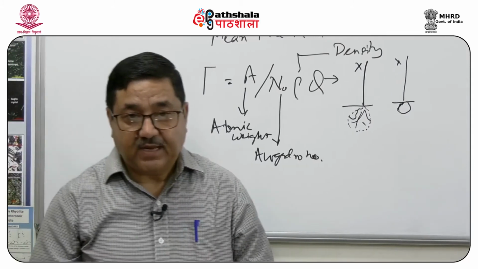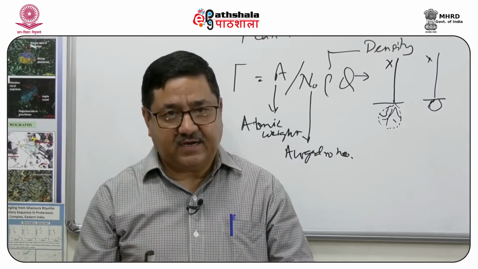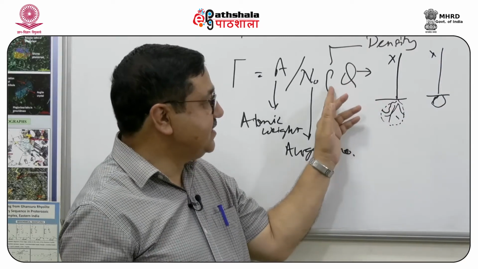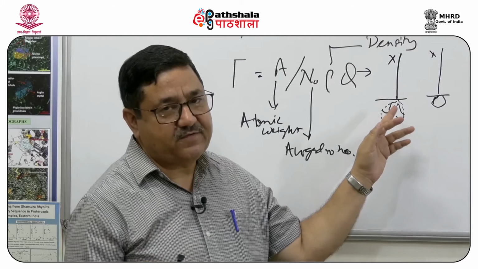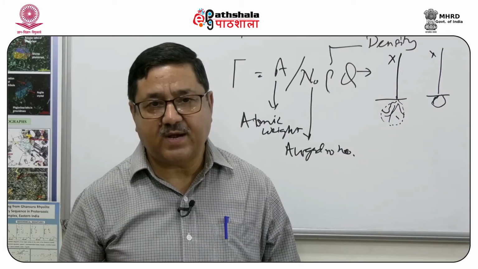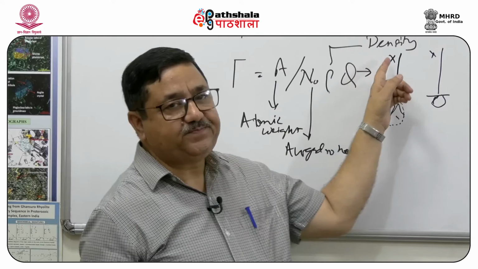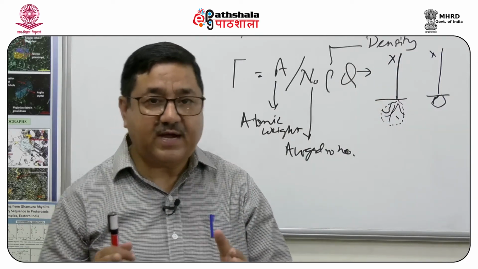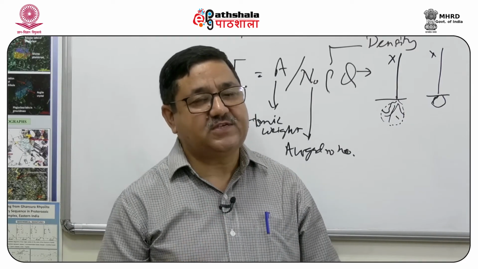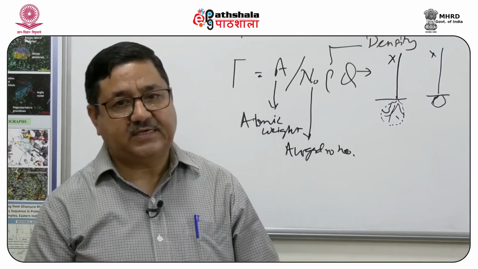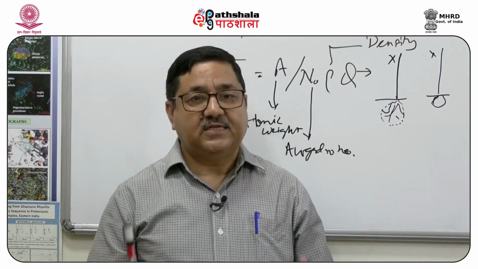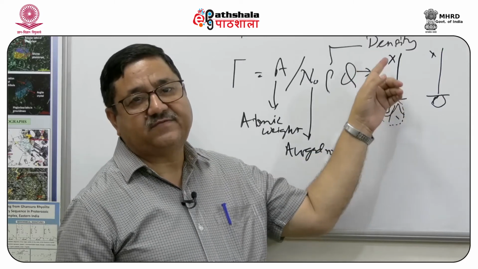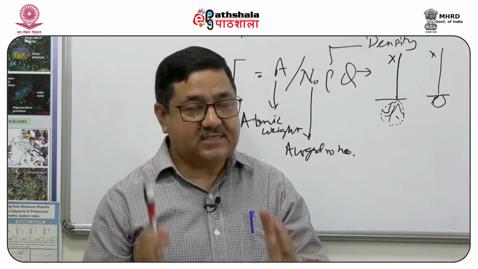So, the penetration of an electron beam will be a function of the density, normally expressed in terms of atomic number. If we increase the energy of the incident electron beam, the penetration will be to a greater depth. So, the two things which control the depth of penetration, or in other words the interaction volume, are the incident energy as well as the density of the material.